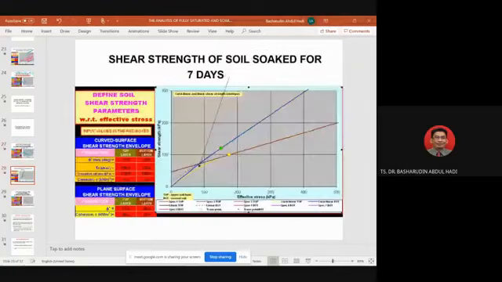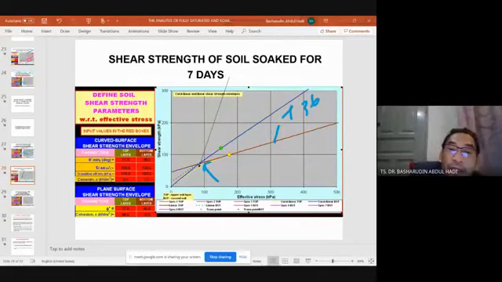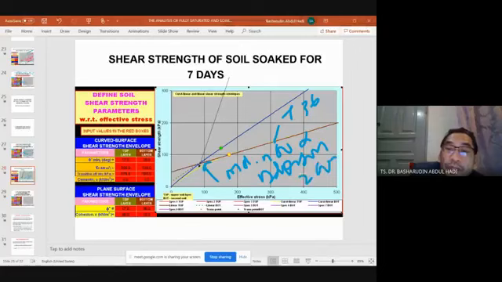After we soak for 7 days, remember this theory, we have another one. First is Terzaghi 36, and the green one is from Maknor and Anderson. So this theory comes out to 0.3.